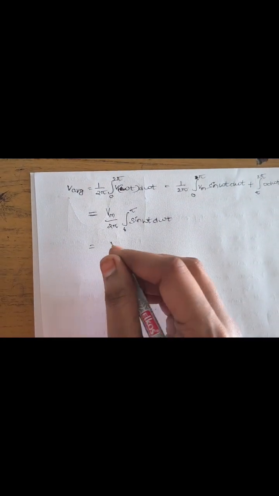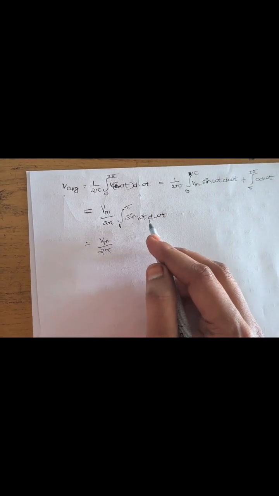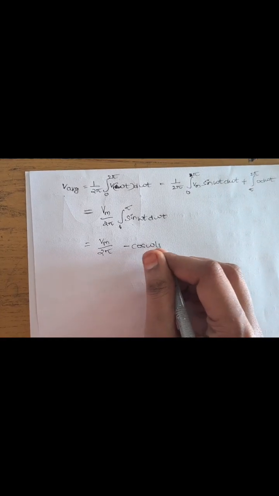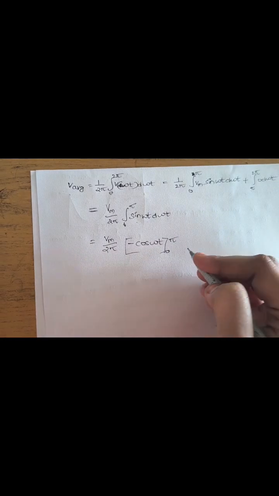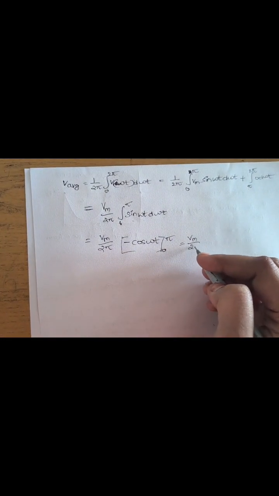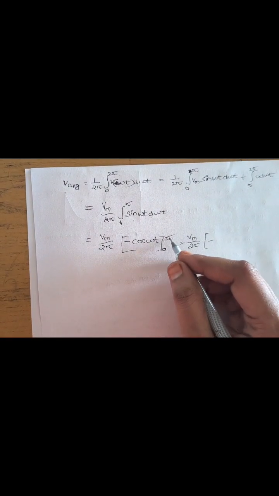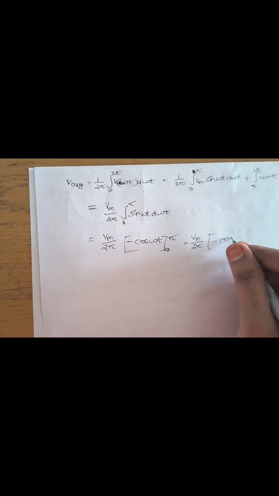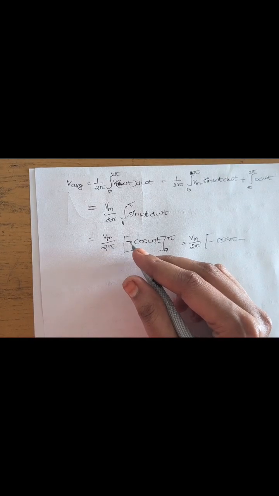Next, Vm by 2 pi, and the integral of sine omega t d omega t is minus cos omega t, with limits 0 to pi. So Vm by 2 pi, the upper and lower limits are substituted in cos omega t: minus cos pi, minus into minus plus, so plus cos 0.